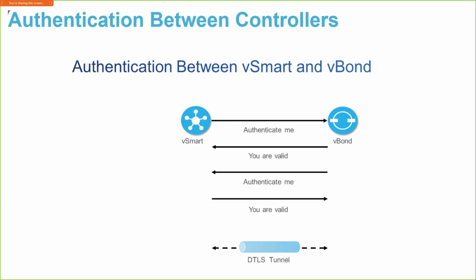So let's say, for example, we have an OMP session on a vEdge router that communicates with an OMP session on a vSmart controller. And we're sending plain IP traffic through that DTLS or TLS tunnel between the devices. If you remember that OMP traffic, the Overlay Management Protocol, is the control protocol used to exchange things like routing information, policy configuration information, and other management information between the devices themselves.